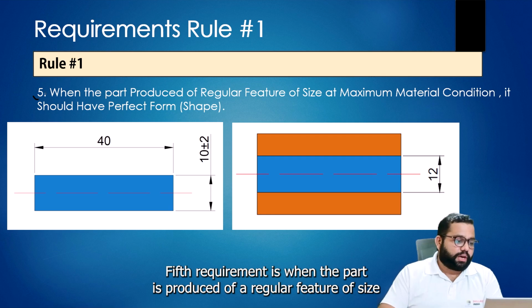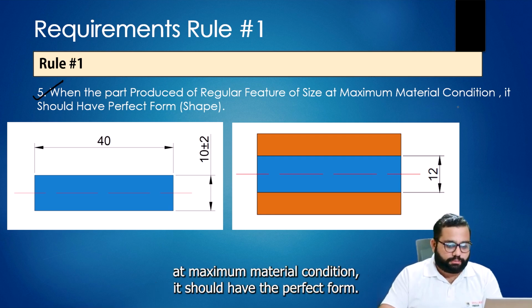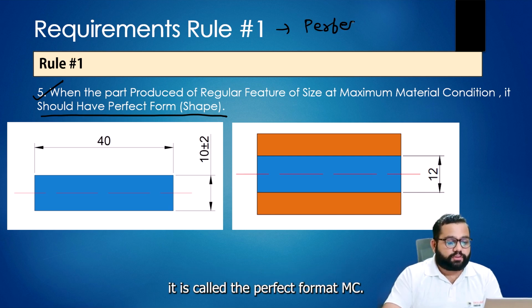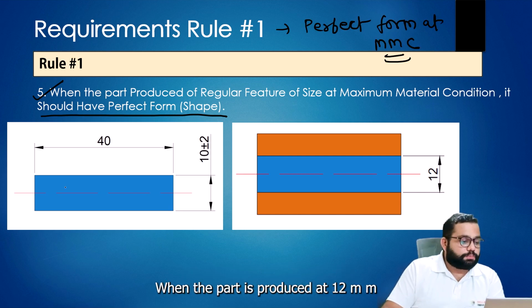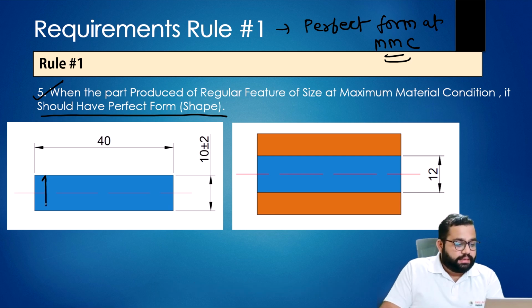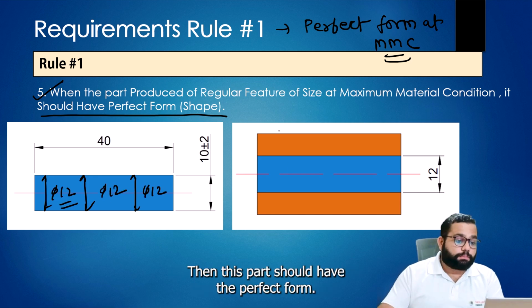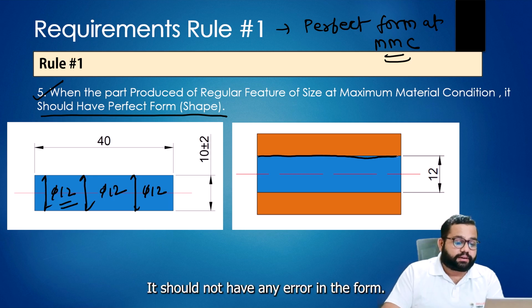Fifth requirement is when the part is produced of a regular feature of size at maximum material condition, it should have the perfect form. That's why I have previously told you why it is called the perfect form at MMC. When the part is produced at 12 mm, each actual local size of this part everywhere is 12 mm, then this part should have the perfect form. It shouldn't have any error in the form.